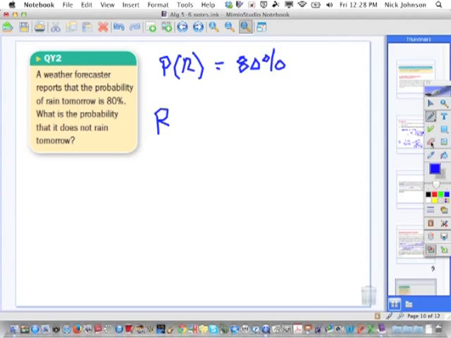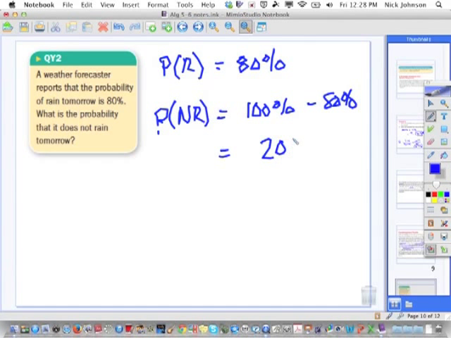The probability of no rain is equal to 100% minus 80%, which is equal to 20%. Because if there's an 80% chance it's going to rain, then there's a 20% chance that it's not. Okay? Moving along.